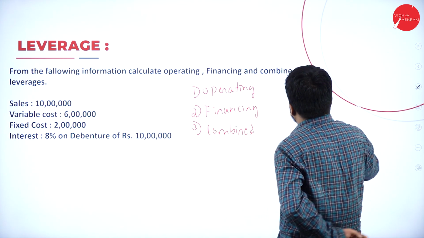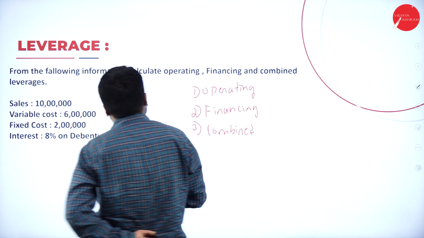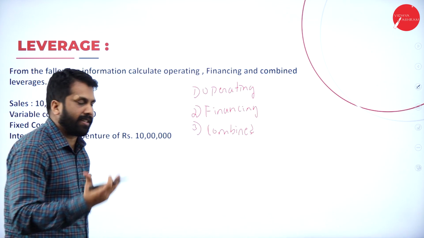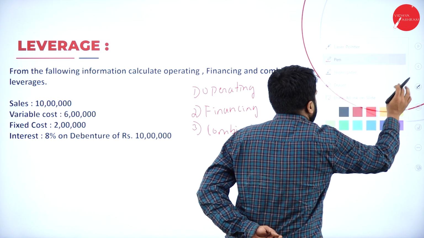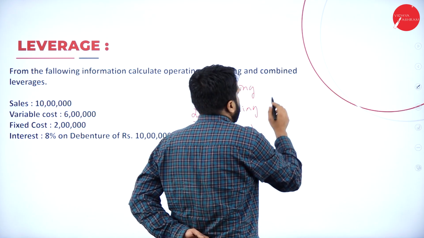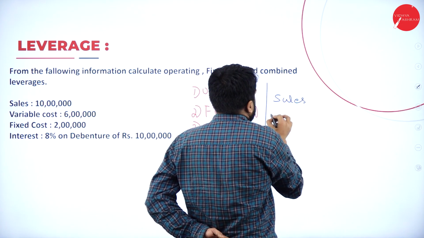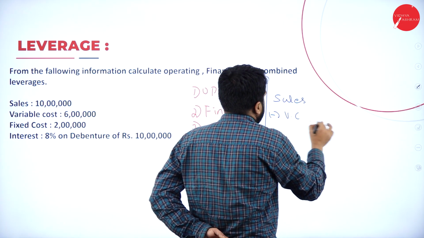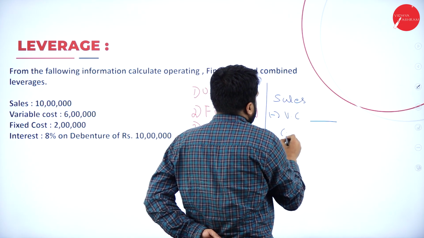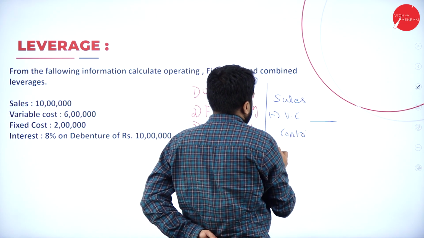So what is operating? Remember, while calculating your operating, financing and combined, you have to remember the formula before that. Sales minus variable cost, you will get contribution.